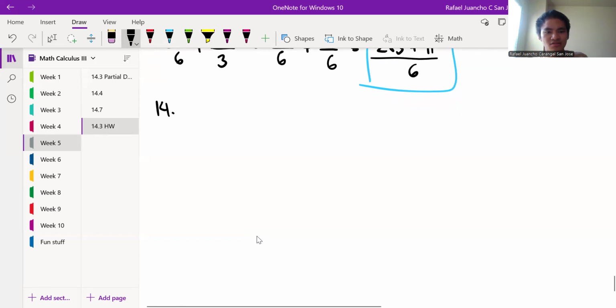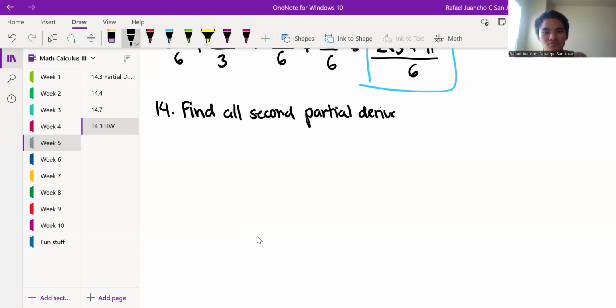Here we're being asked to find all second partial derivatives. So I have f of x, y equals sine squared of mx plus ny.